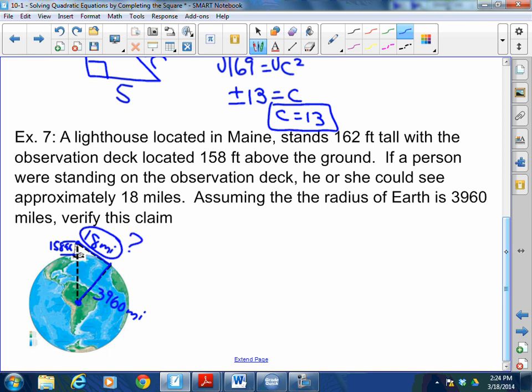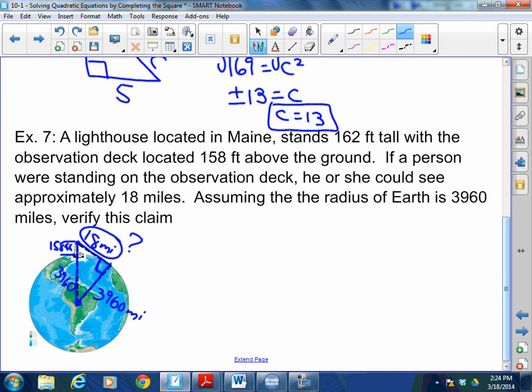Okay? This here creates my 90-degree angle. So this is my hypotenuse. Now, if you pay attention to this, guys, the hypotenuse is also the radius plus 158 feet, right? So this is 3,960 plus the 158 feet.